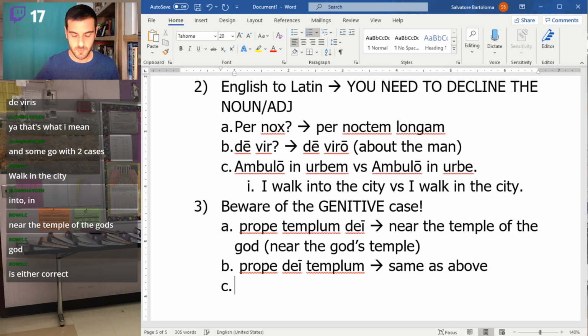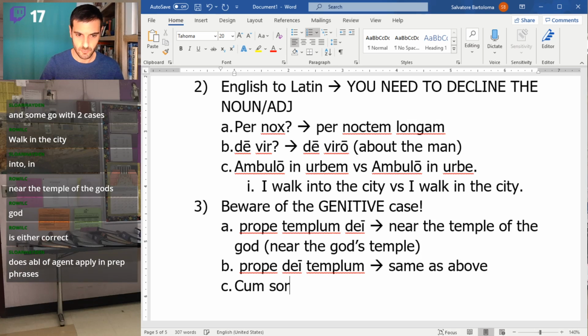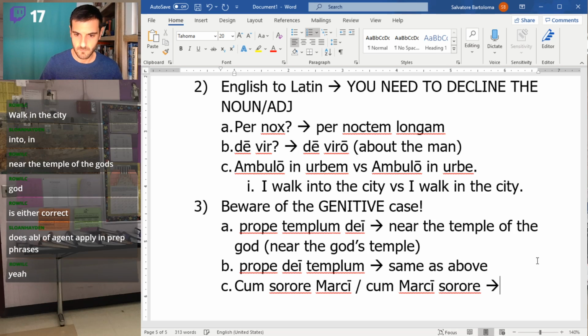Another example would be cum sorore Marci, or cum Marci sorore. What do those two mean?